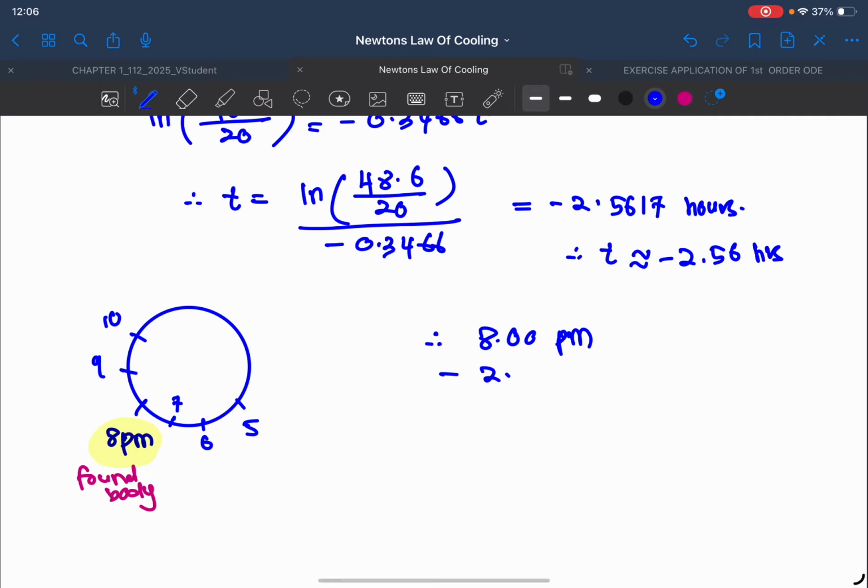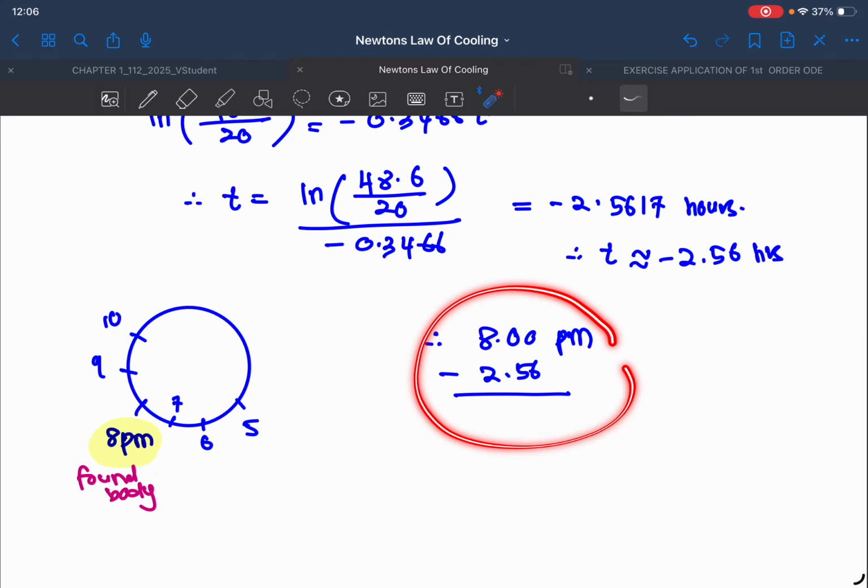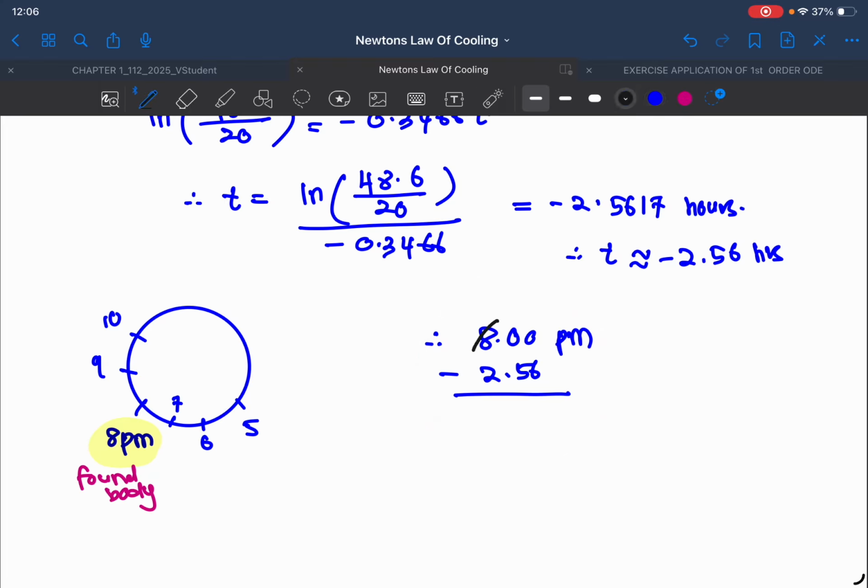So we want to reverse by 2.56. In order to solve this one it becomes 7, 60 minutes. So 60 minus 56 will become 04, and 7 minus 2 will become 5.